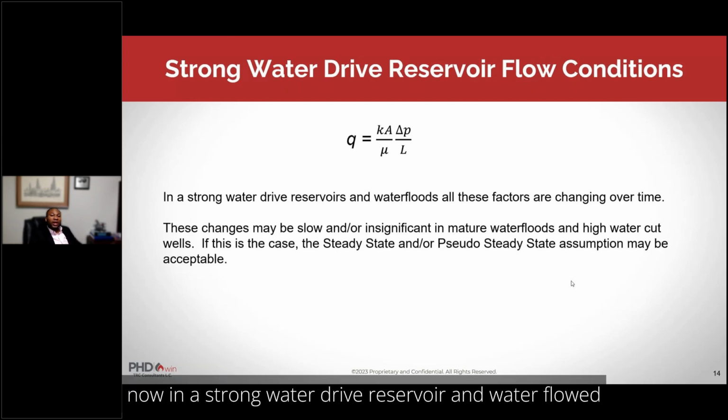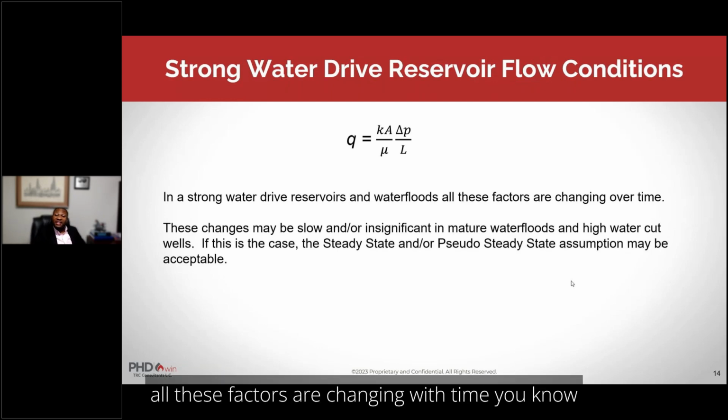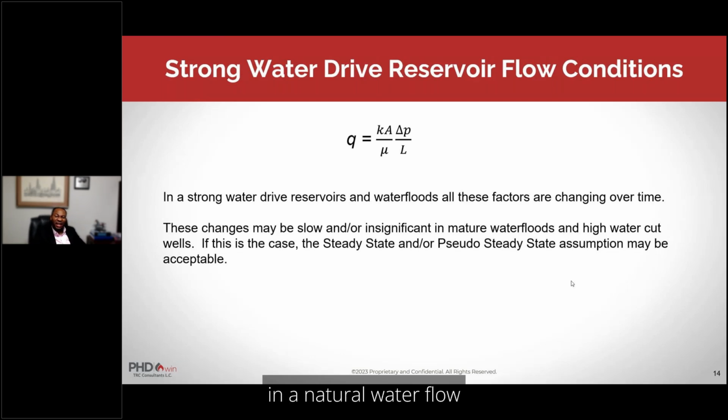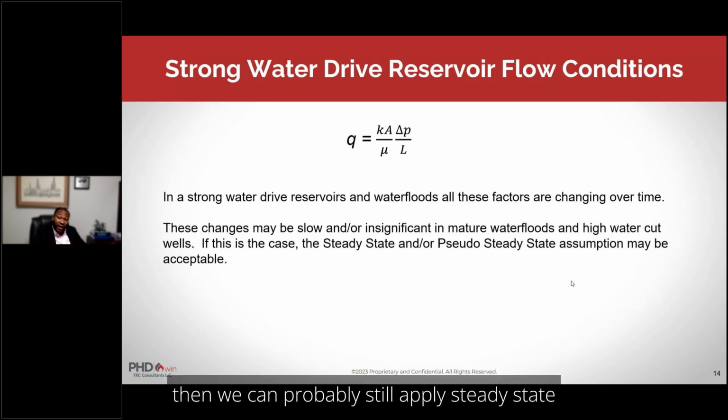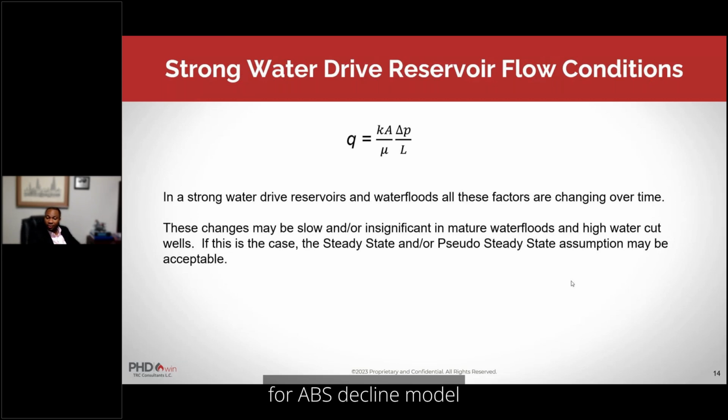Now, in a strong water drive reservoir and waterflood, all these factors are changing with time. The changes may be slow or may be insignificant in a mature waterflood or in a high water cut well. If this is the case, then we can probably still apply a steady state and pseudo-steady state assumption for the Arps decline model.